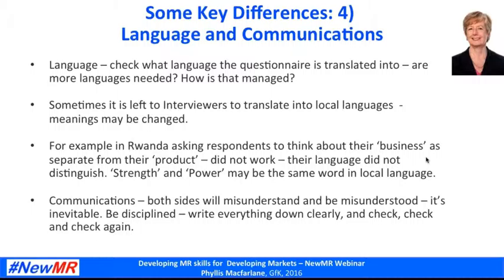So you can't be very subtle when you're distinguishing between these things. And in Rwanda, a lot of their business language doesn't have a lot of subtlety. So one thing you can be sure of is that both sides will misunderstand and be misunderstood. It is inevitable, but be disciplined, write everything down clearly, and always check, check, and check again.